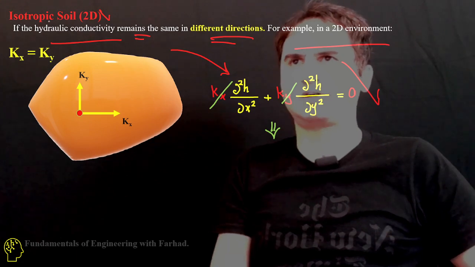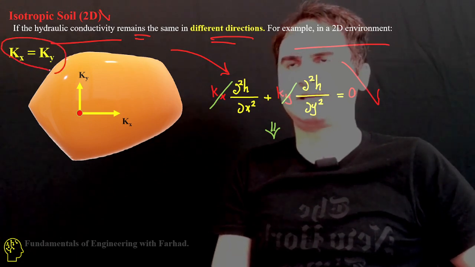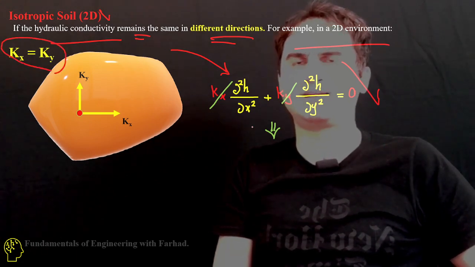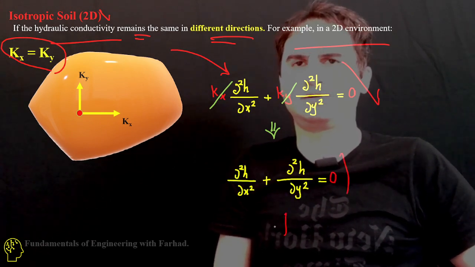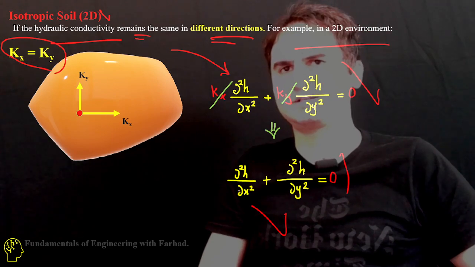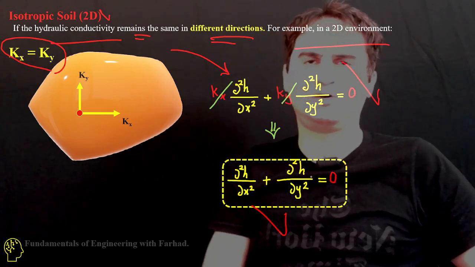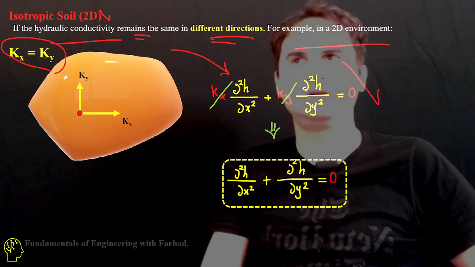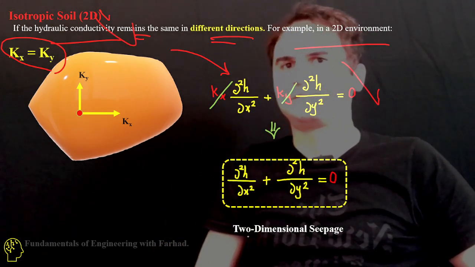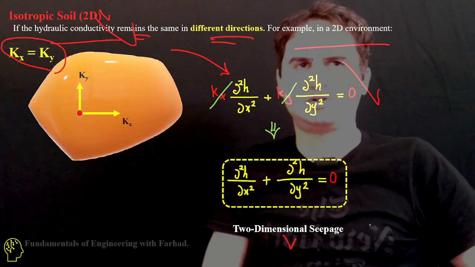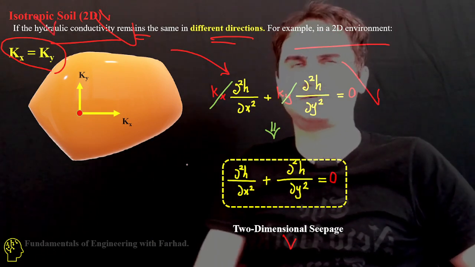Then because it's isotropic, Kx is equal to Ky, so you can cancel them out. You are just left with this equation, and that's our seepage equation in a 2D isotropic environment. So that's two-dimensional seepage in isotropic soil.